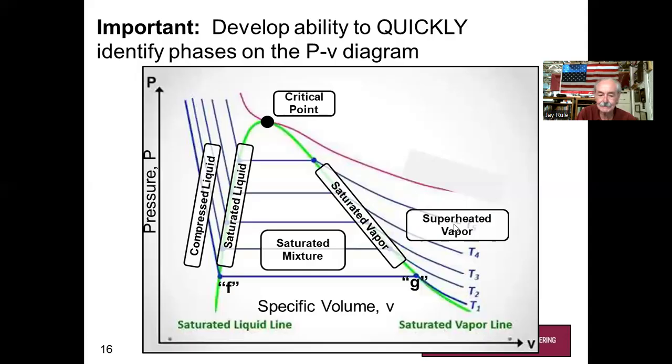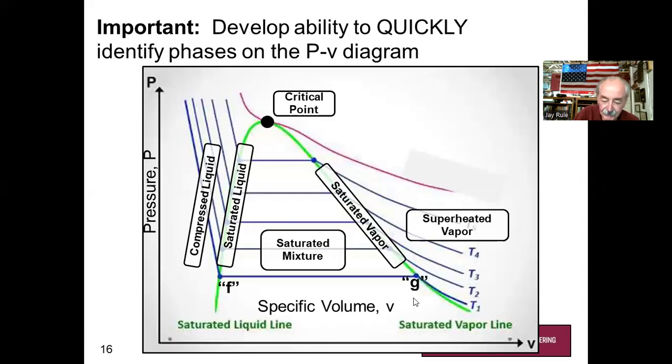That's the phase. If you're under the dome, you're a saturated mixture. In other words, it's like that Pyrex pot on the stove in which you can see with your eyes a mix of liquid and bubbling up saturated vapor. It's a mixture of saturated liquid and saturated vapor, and in this class we call that a saturated mixture.